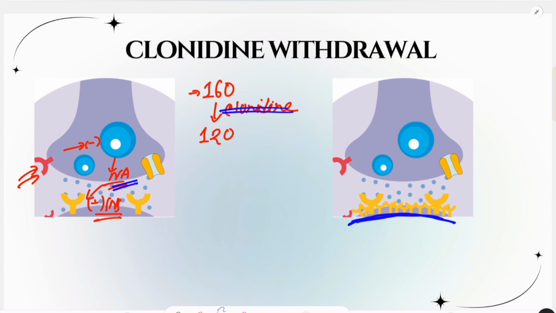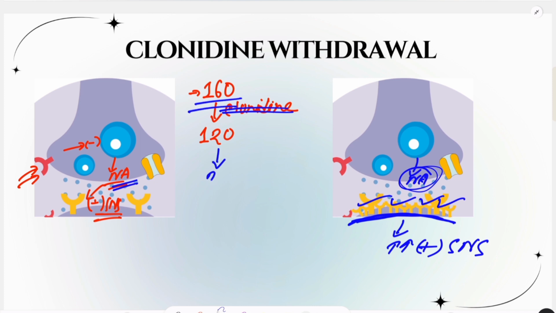Now after 4, 5 or 6 months of treatment, when we suddenly stop pressing the brake, there will be release of noradrenaline in the synapse, and now this noradrenaline will act on the increased number of alpha and beta receptors. As it acts on a huge number of receptors, there will be very severe stimulation of the sympathetic nervous system, and the blood pressure, instead of going to 160, will become, suppose, 220, and it is a very critical emergency condition, and the person may immediately die.